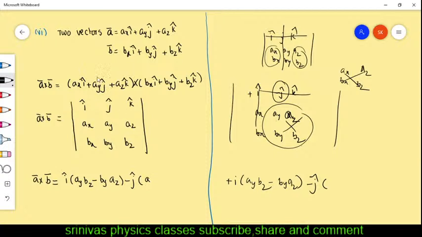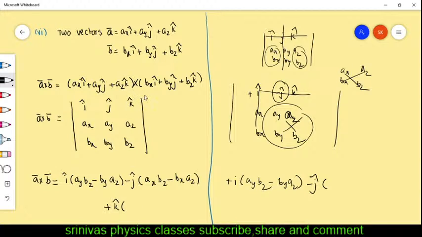For that we close this and this, and the remaining is ax, bz, minus, we have to close, plus, this is already closed. ax bz minus we have to keep next bx az. Minus j completed, plus k cap into, this is the k cap came.